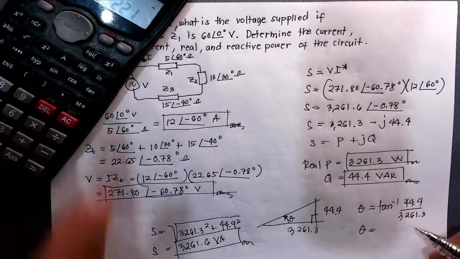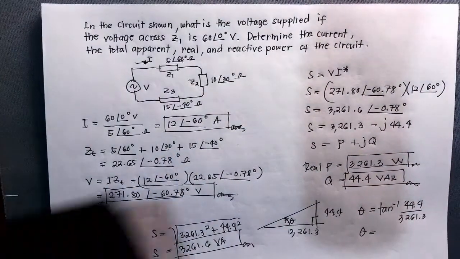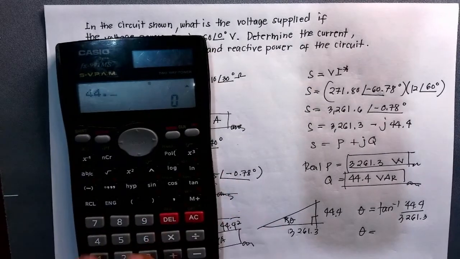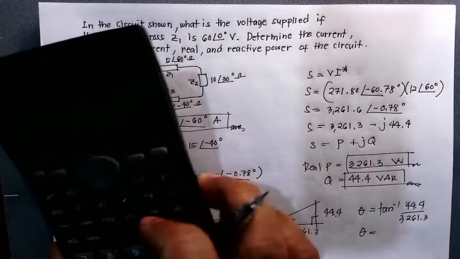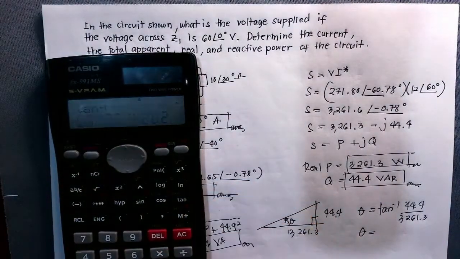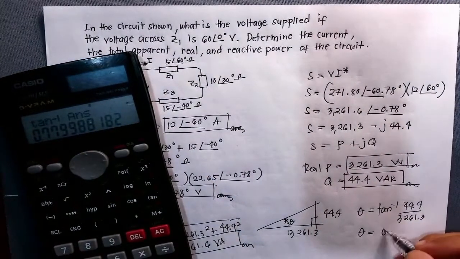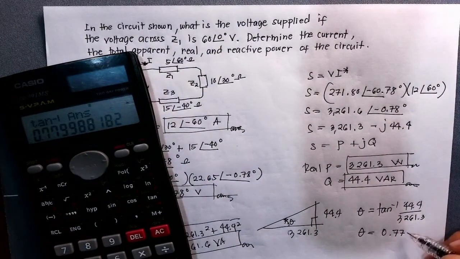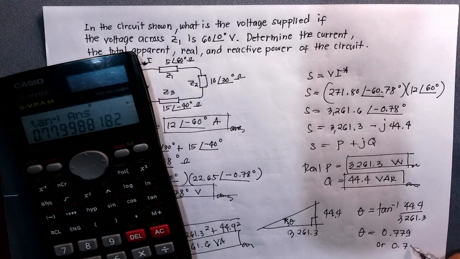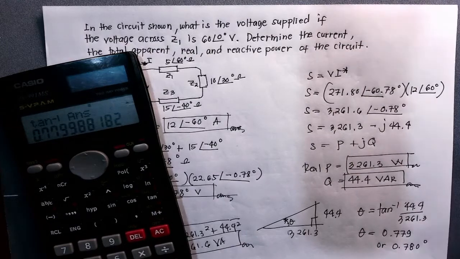So I'm solving for the angle: 44.4 divided by 3261.3 equals, and I get the inverse tangent of this one, and it gives me an angle of 0.780 degree.